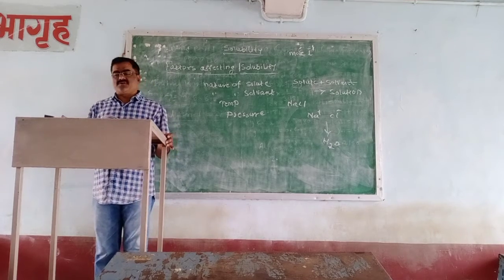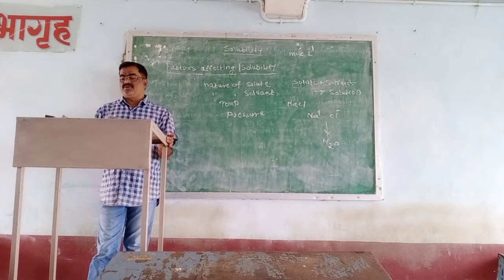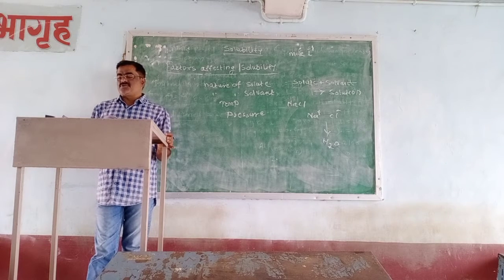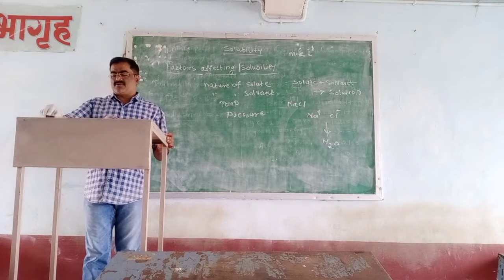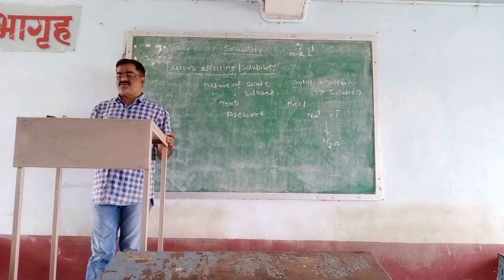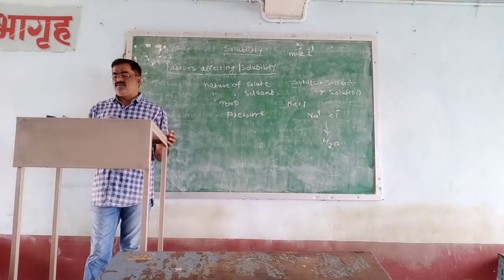How the solubility of a substance changes with the temperature depends on the enthalpy of the solution. Many solutes, for example KCl, dissolve in water by an endothermic process, that is with the absorption of heat.